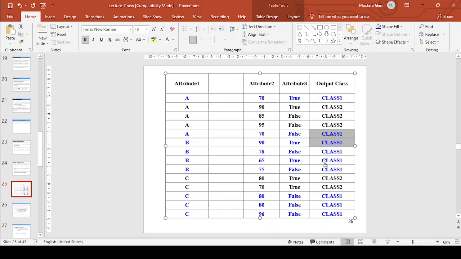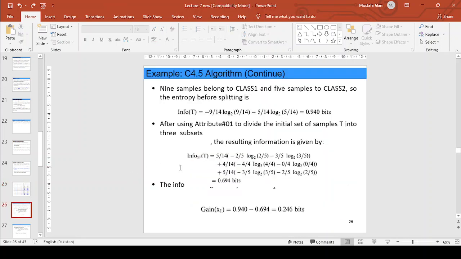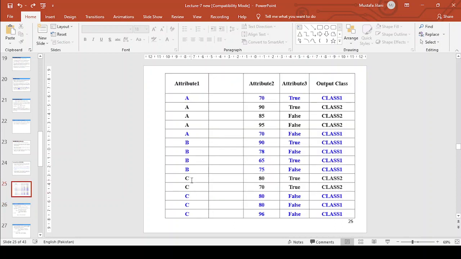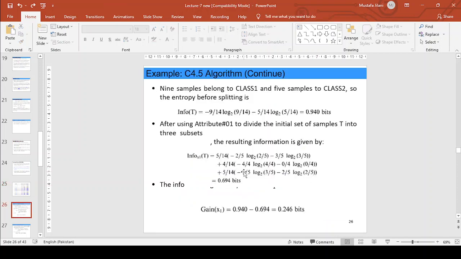If they all belong to class 1, there is no class 2 when attribute 1 equals B. So 4 out of 4 belong to class 1, 0 out of 4 belong to class 2. Similarly for C, we have 5 values and 5 results, 2 of which are class 2, 3 of which are class 1. So 3 out of 5 belong to class 1 and 2 out of 5 belong to class 2.